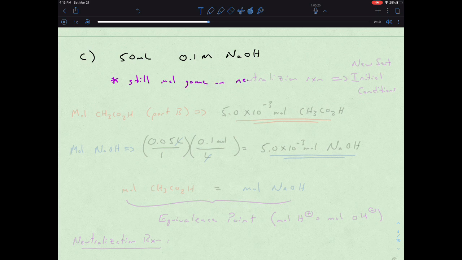This is based off the neutralization reaction, which is essentially giving us a new set of initial conditions. So that's why we employ this neutralization reaction, basically just to get to the new set of conditions. What is that now initially? And that helps us to set up the equilibrium reaction, the ice table, et cetera.